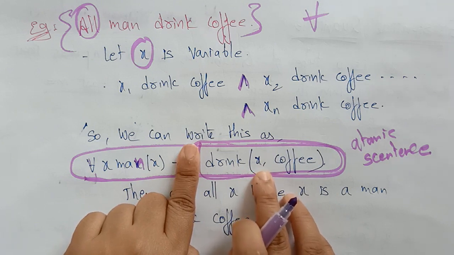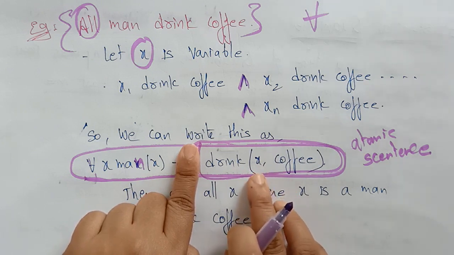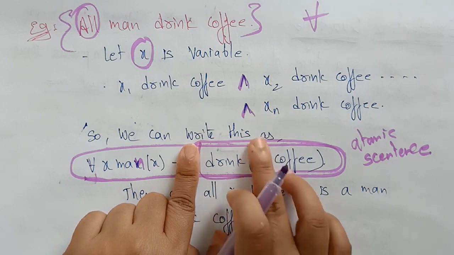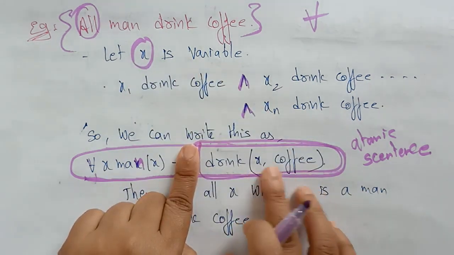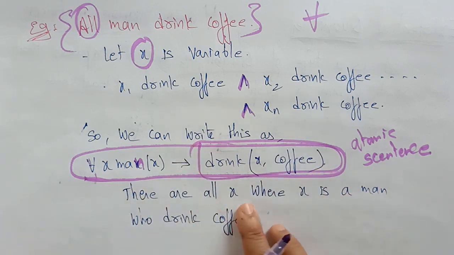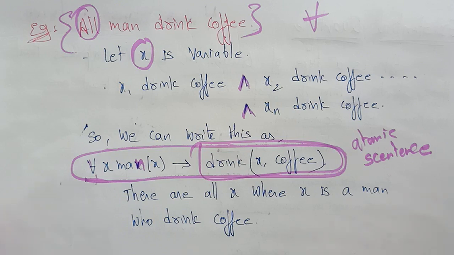Because I didn't mention any particular man. I didn't mention x1 or x2, only x. X is a variable. So all x, where x is a man, drink coffee. This is an example of the universal quantifier.